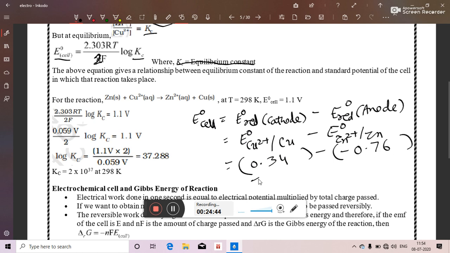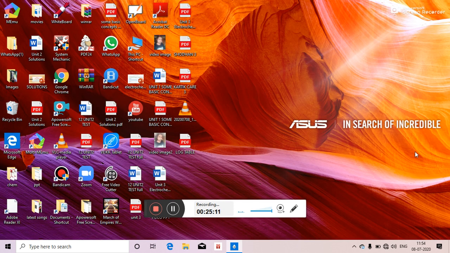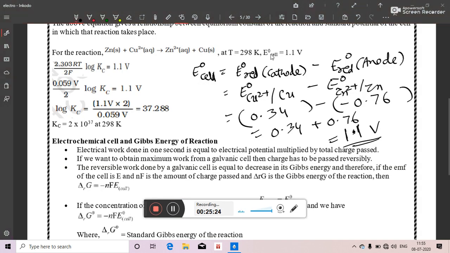So that is 0.34 minus minus, which becomes plus 0.76, equal to 1.1 volt. So that's why over here E naught cell is taken as 1.1 volt.